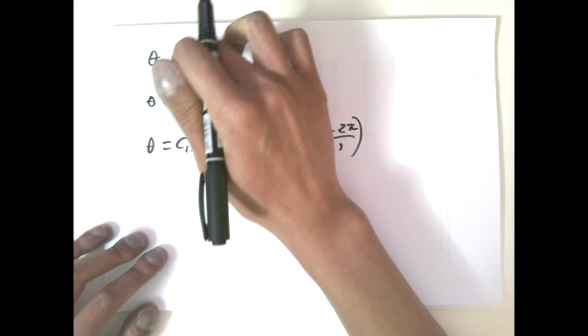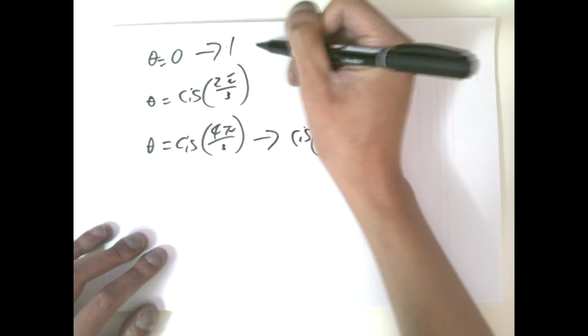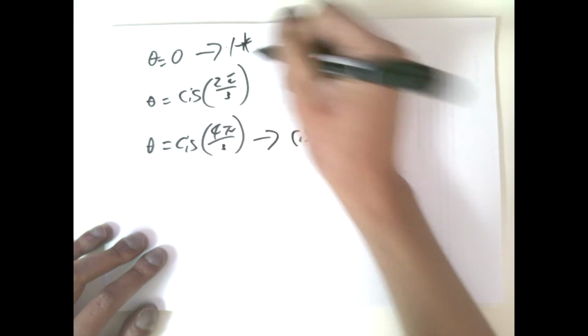But what is cosine plus i sine of 0? So these are 3 cube roots.